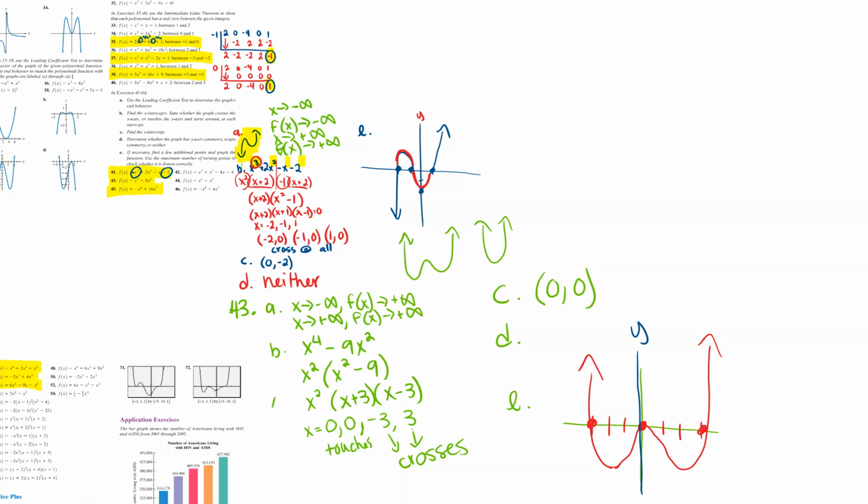If I were to fold it over the y-axis, I would get the same graph on both sides. My picture isn't very pretty, but it should be symmetric to the y-axis, which means it should be, let me write this, y-axis symmetry, which means it should be an even function.